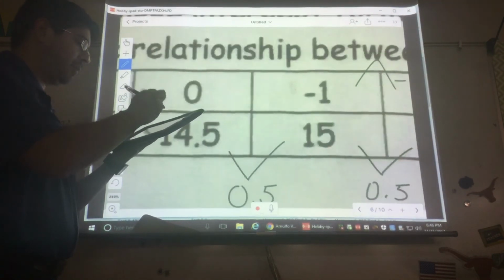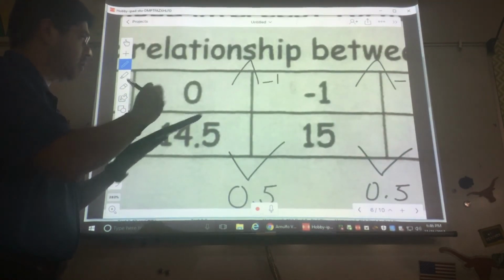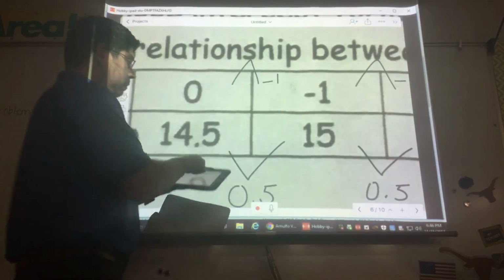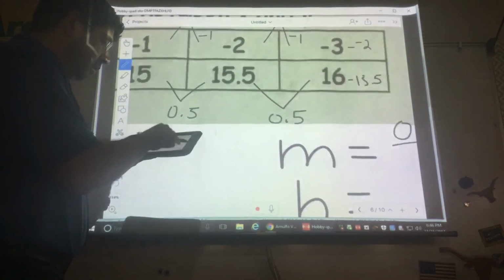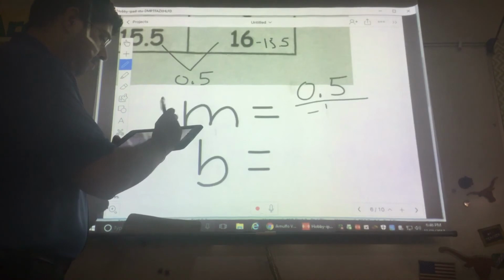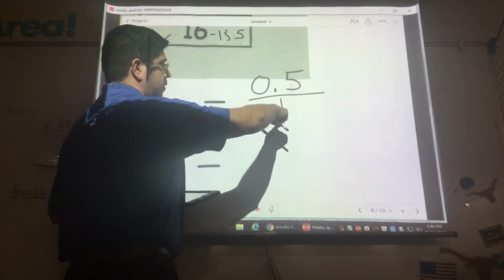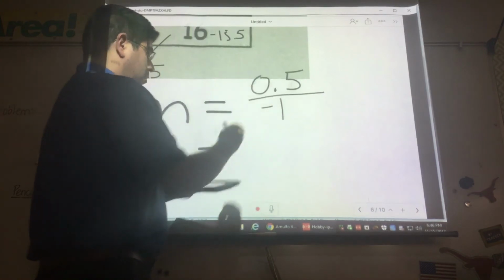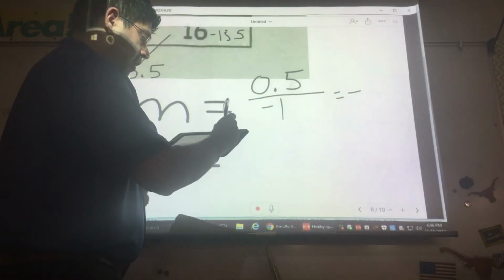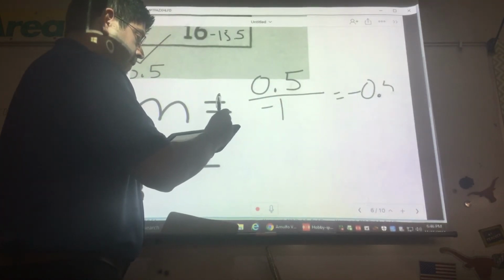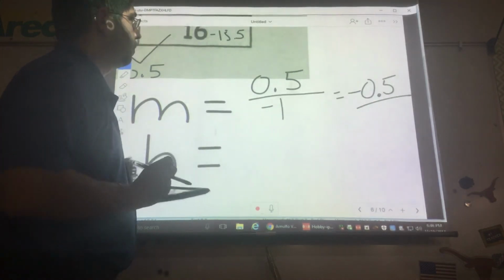I'm just writing it next to it because I'll be writing it in the words if I didn't up here. So -1 is going to go here on the bottom. All right. So my slope is -0.5 over -1. So that really is going to be -0.5. So that's what that is.